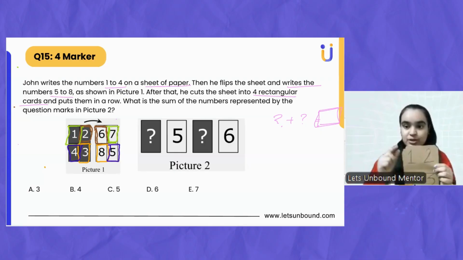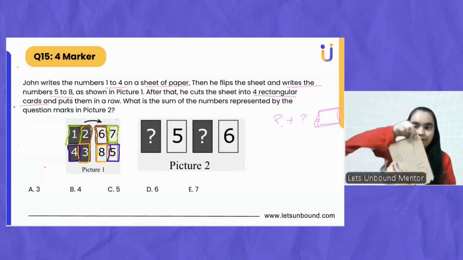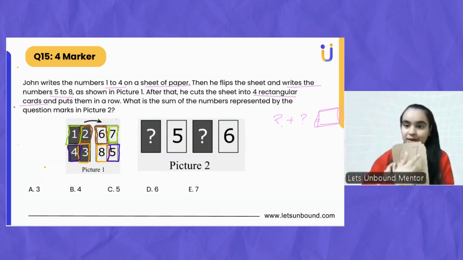Let's focus on number 1, which has this cloud pattern. If I flip it, just behind number 1 I have 7. Can you see the same cloud pattern over here? So I flipped it, the location is the same, but it went in the opposite direction.